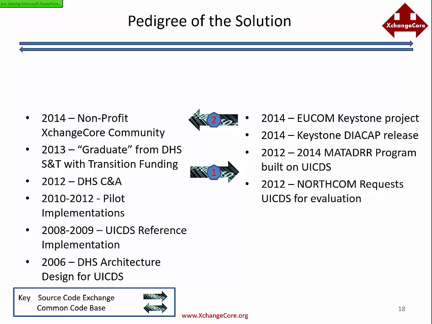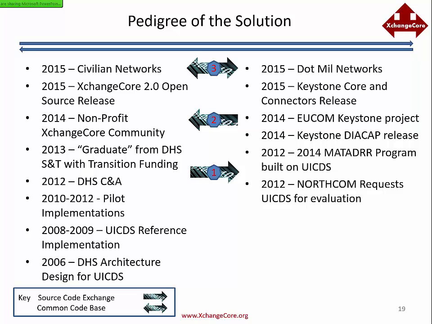And over the last year, a project with the European Command was done. So now Northern Command, European Command, and improvements were made to the software that are then passed back, that item number 2 there, to the XchangeCore community.